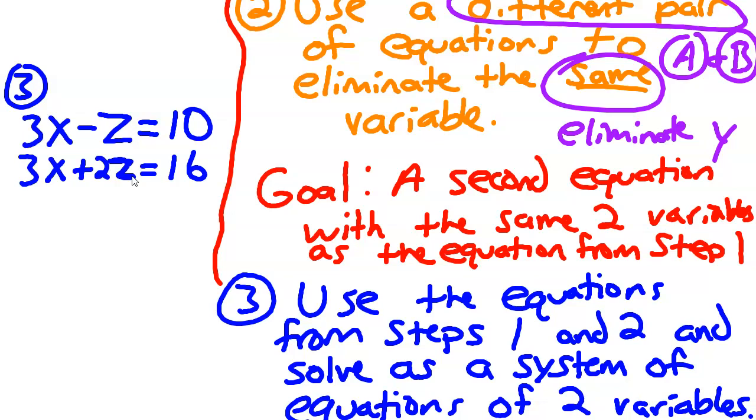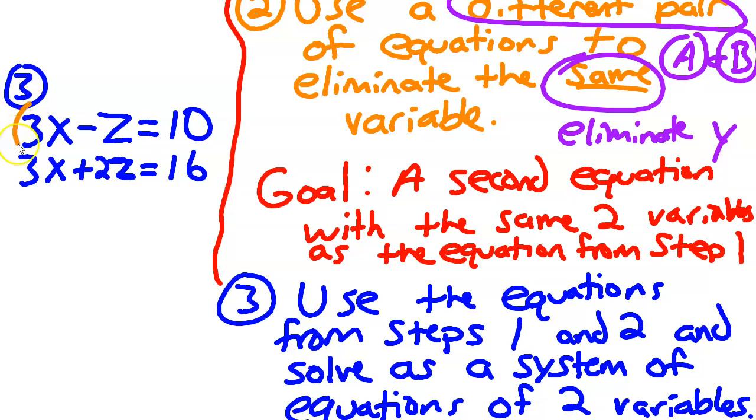I think while x looks like a good one to try to cancel out here, I would have to switch the sign of one of them to get them to cancel out. I kind of feel like just using z, because they're already opposite sign, even though it means I'll have to multiply by a number. I feel like that's better than multiplying by a negative sign, but it's your preference, it's your call.